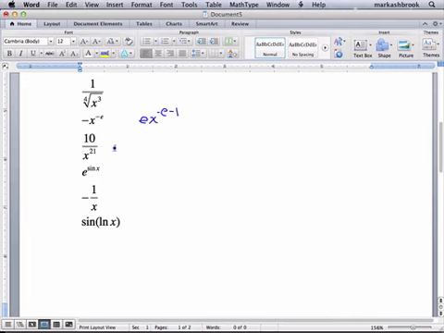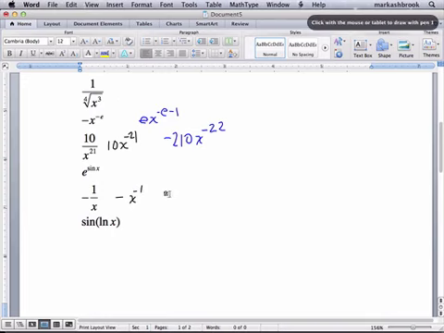Not as a fraction. 10 x to the minus 21. So it's negative 210 x to the negative 22. Same thing here. What is it not as a fraction? Negative x to the negative 1. So it's x to the negative 2.